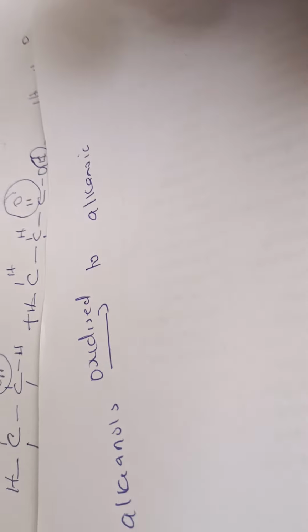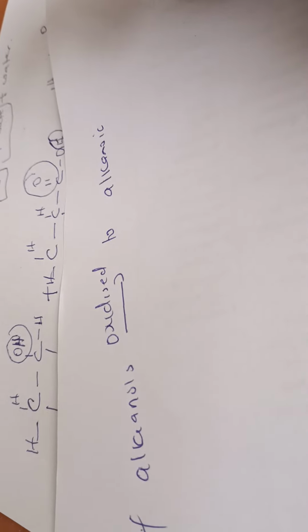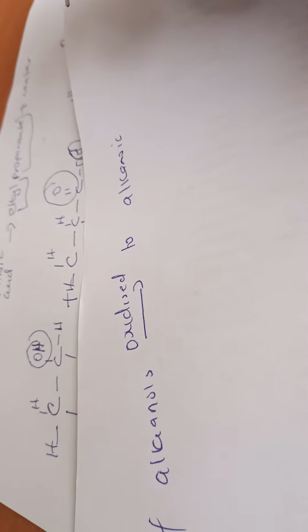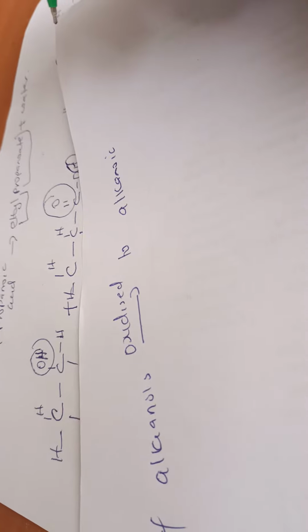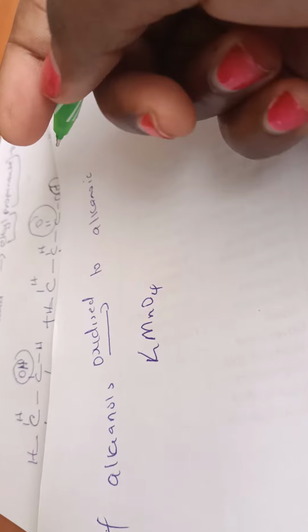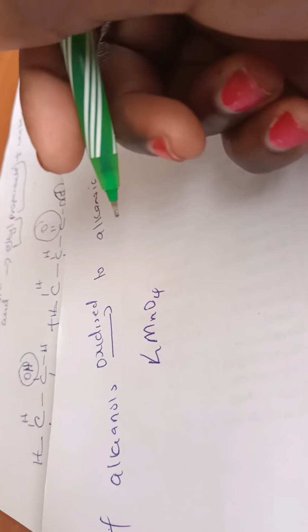The process is called oxidation, and oxidation needs an oxidizing agent. Commonly, the oxidizing agents we use here are potassium permanganate (VII) and potassium dichromate (VI).